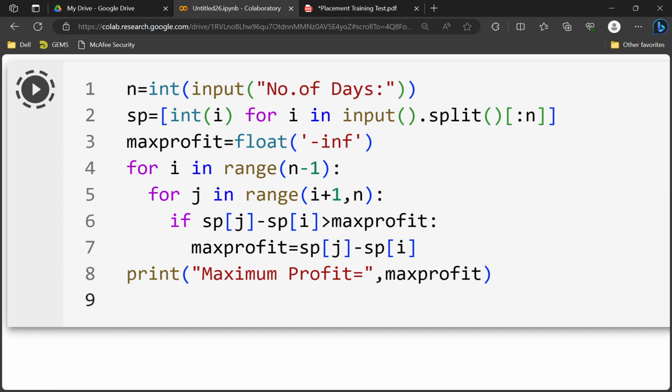I don't know why it is taking so much time.